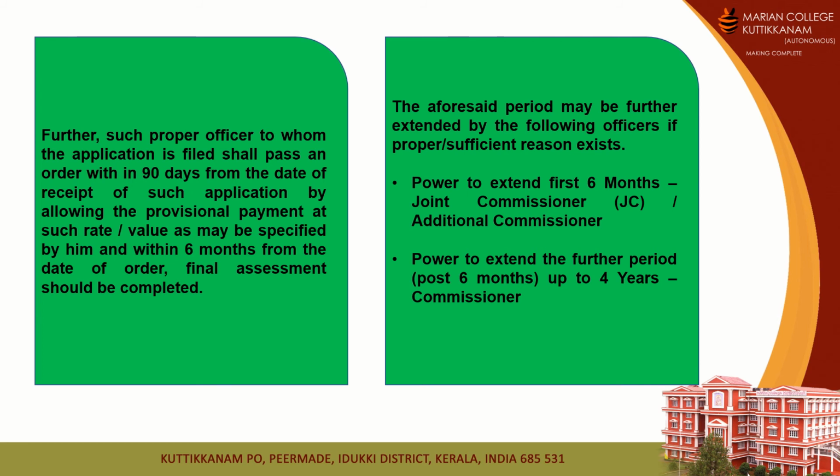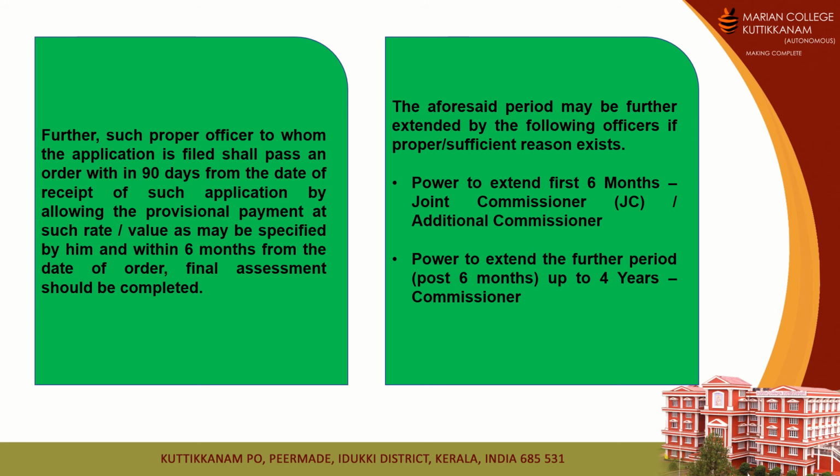So, if the condition regarding the execution of bond or surety is satisfied by that particular taxable person, the proper officer can pass an order within 90 days approving provisional payment of tax, but that taxable person needs to complete the final assessment within 6 months of that order.